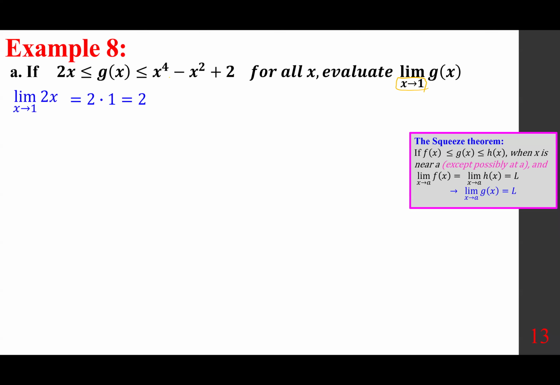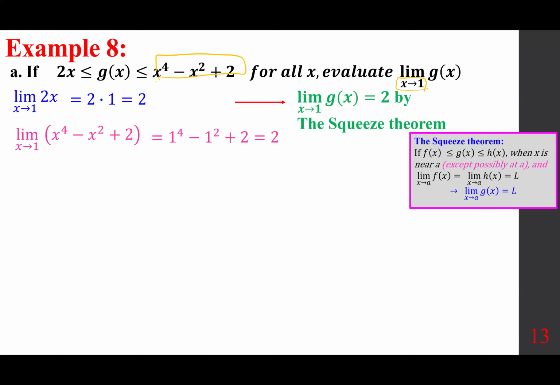We are going to do the same thing for this one. We get 1 to the power 4 minus 1 squared plus 2, which is also 2. Therefore, by the squeeze theorem, the limit of g of x as x approaches 1 must be 2. And you have to mention the squeeze theorem, class. Okay.